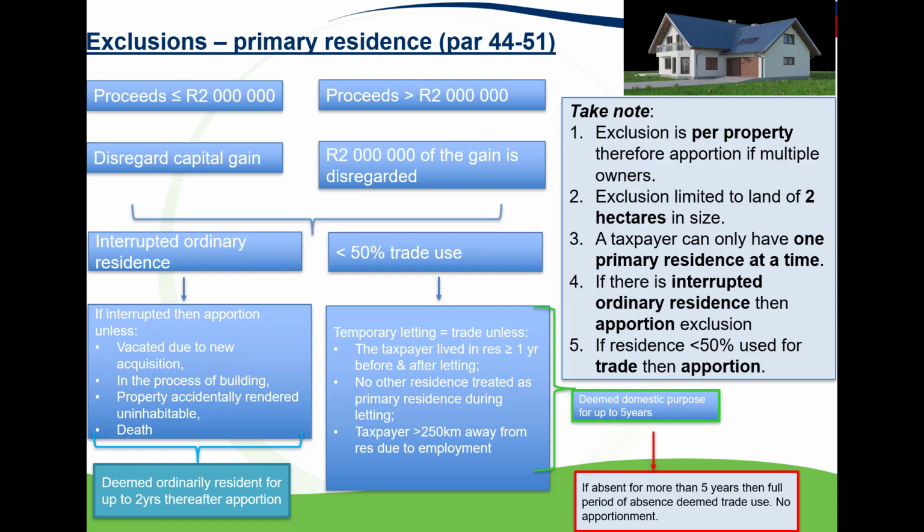Right. It is important to note that the rules in terms of ordinary residence as well as trade use are applicable to both a scenario where the primary residence is sold for proceeds exceeding 2 million as well as for less than 2 million.